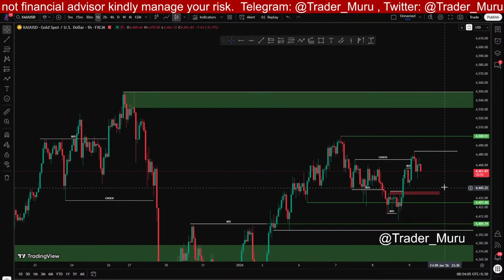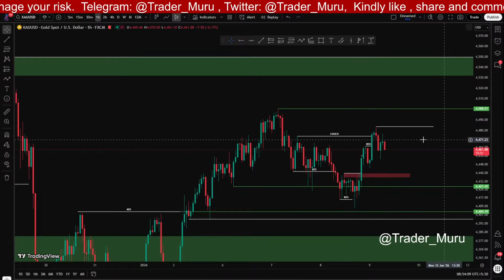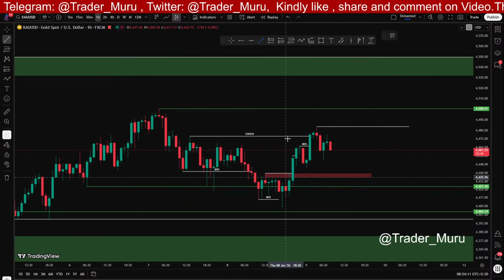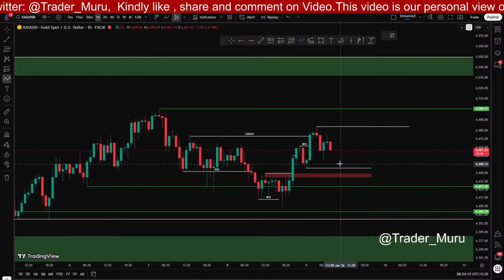So we are expecting the market to react as a bullish target from this sweep like this one.